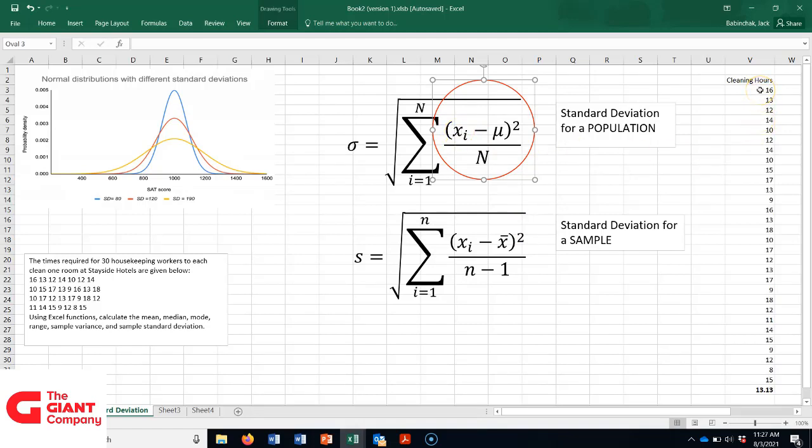Here's the average cleaning hours at the Stayside Hotel. And, you know, there's quite a few observations there. There might be 20 or 25 observations there. That's what this X represents, all of these individual observations. So we're going to take each and every observation, 16, 13, 12, 14, 10, 12, 14, 10, 15, 17, each one of those, and we're going to subtract it from the mean of those observations.